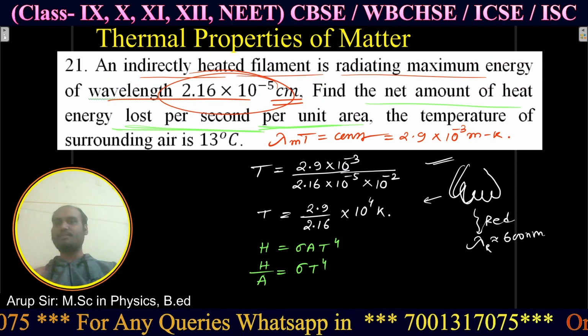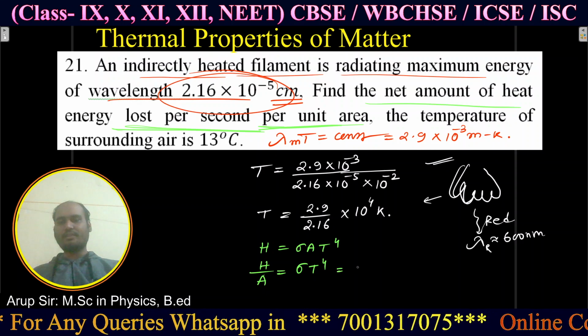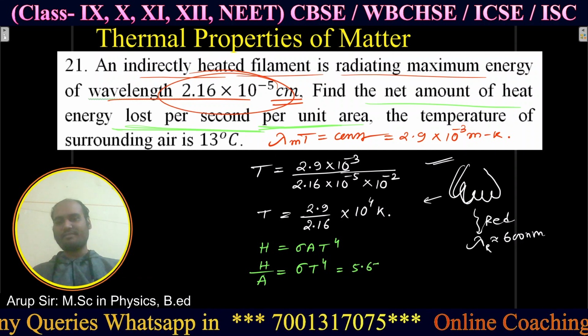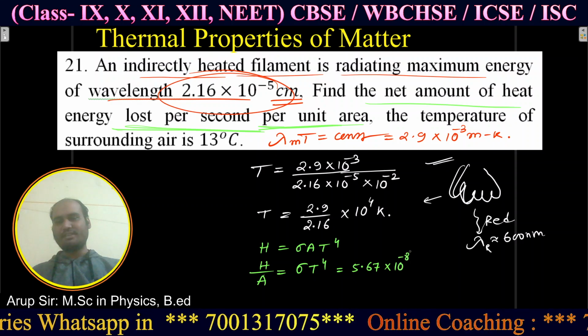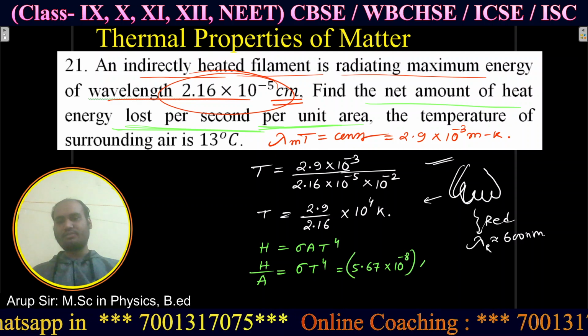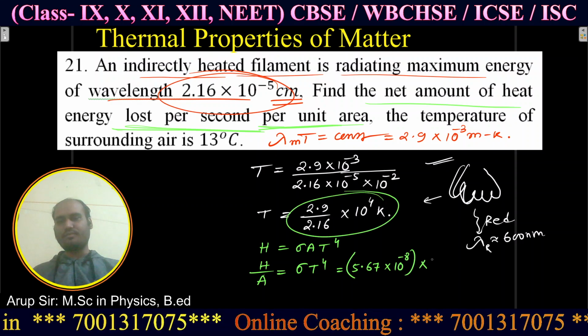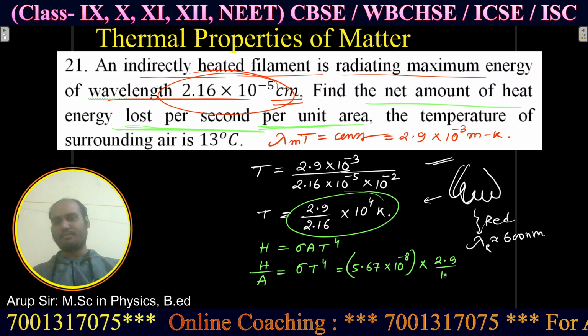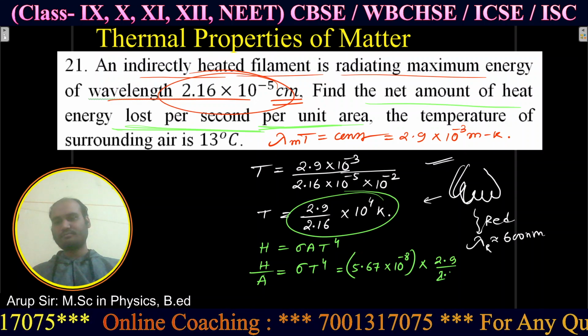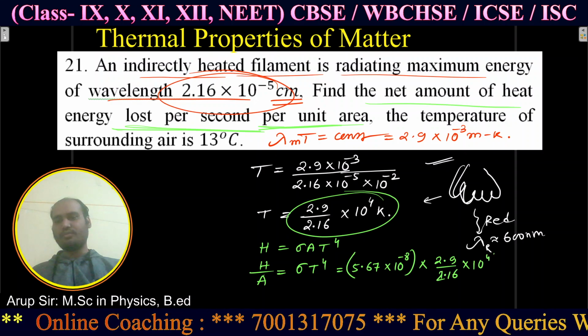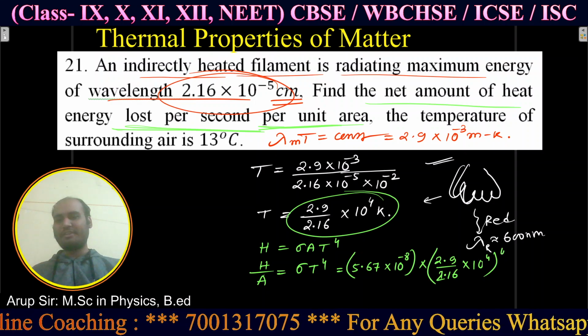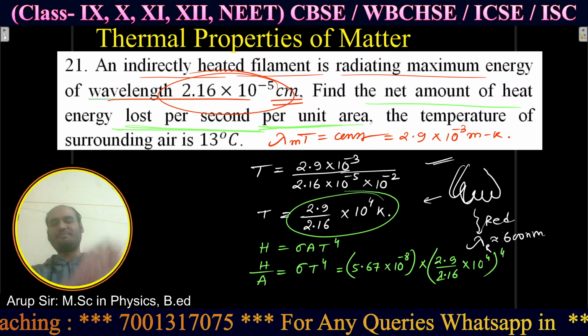Radiating energy means Stefan's law. Sigma is 5.67 into 10 to the power minus 8, into T to the power 4, so 2.9 by 2.16 into 10 to the power 4 whole to the power 4. I am not going with the calculation because it will be difficult.